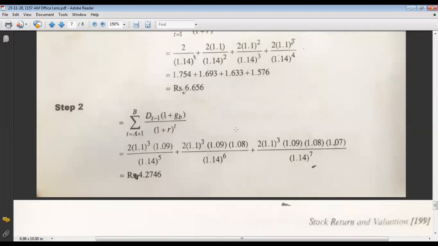Please solve this. So another file you have given us, a PDF. In that, bond valuation problems are there.